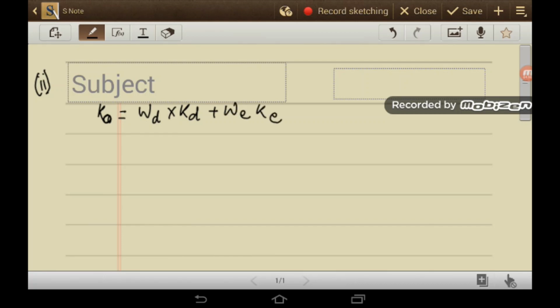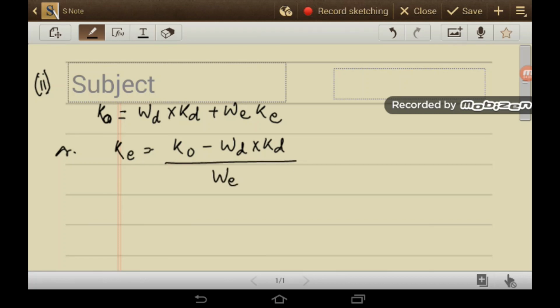In my earlier video, you will find the theoretical discussion on the Modigliani-Miller hypothesis. There I have shown you how to calculate the cost of equity. So KE will be equal to (KO minus WD into KD) by WE.